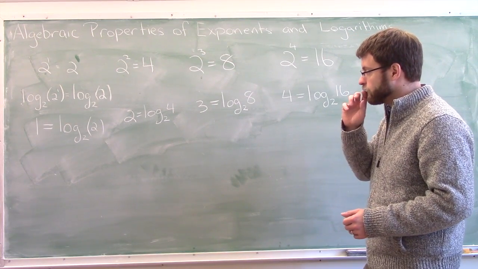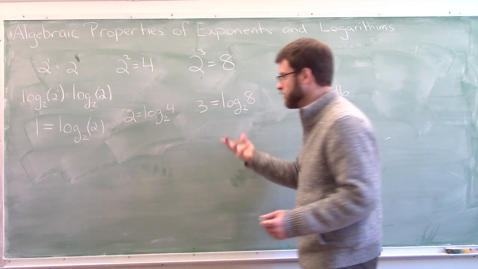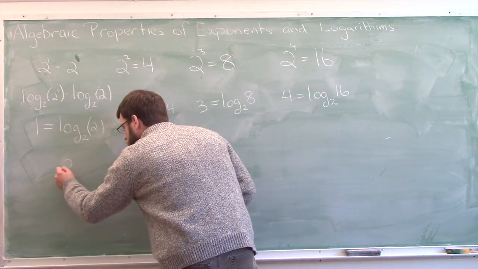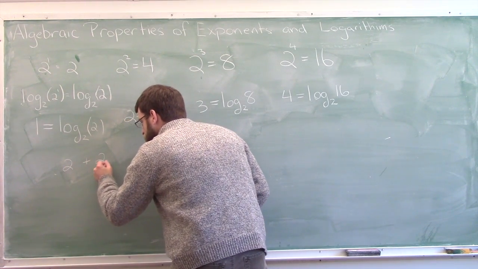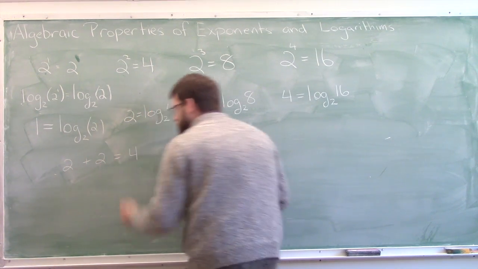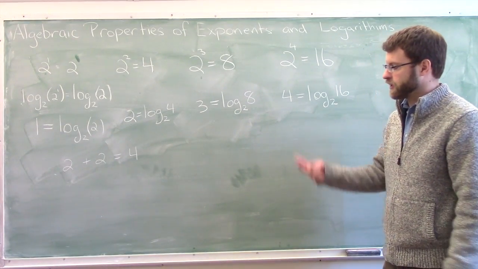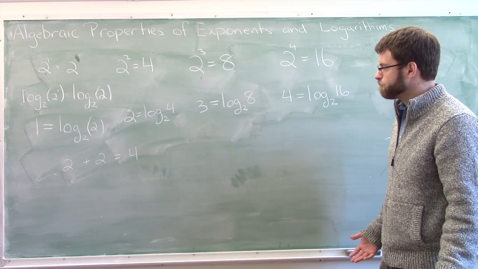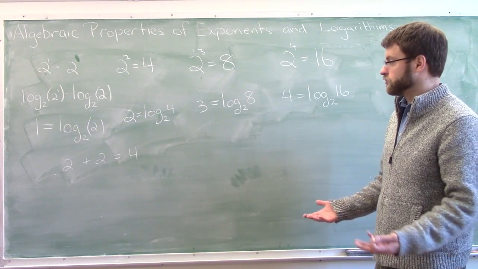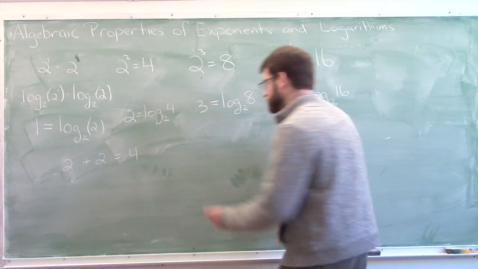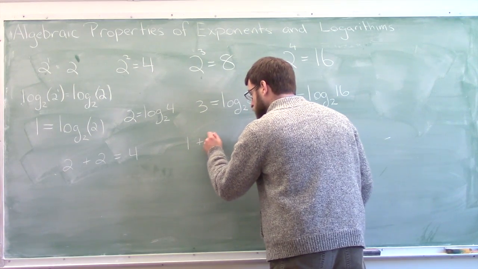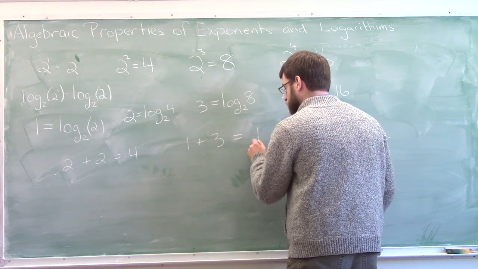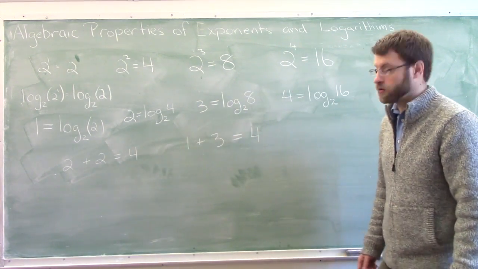So what I've got in mind is maybe, how about 2 plus 2 is equal to 4. So I've taken two numbers, added them together, and I have a different result. Another thing that we might consider is that 1 plus 3 is equal to 4.